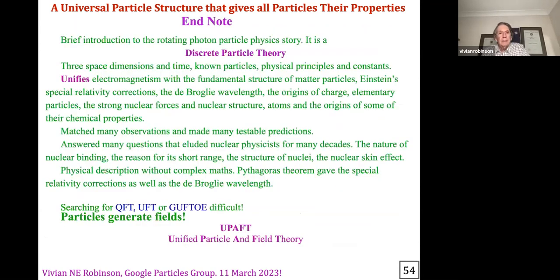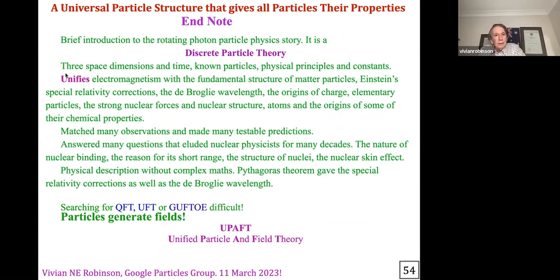Now, just as a brief conclusion, this has been a brief introduction to rotating photon particle physics. It's a discrete particle theory. It uses three space dimensions and time, known particles, physical principles, and constants.